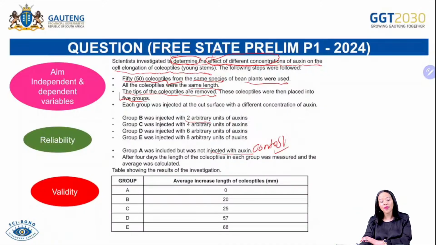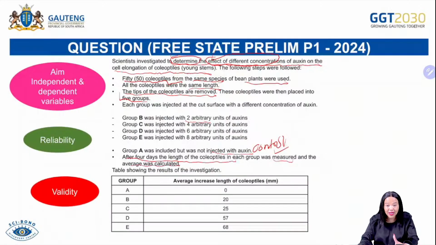Before we even go there, grade 12s, let's have a look at our results. It says here, after 4 days, the length of the coleoptiles in each group was measured and the average was calculated. Remember, generally, when we speak of ensuring reliability, we are going to say you need to repeat the experiment, you need to increase the sample size, and also take many measurements and calculate the average.